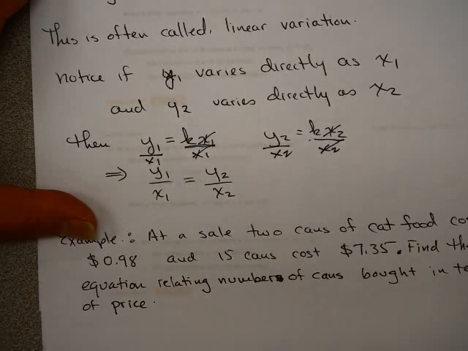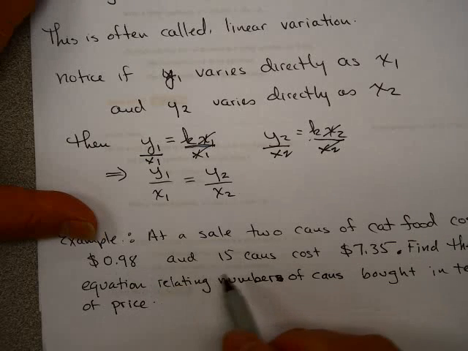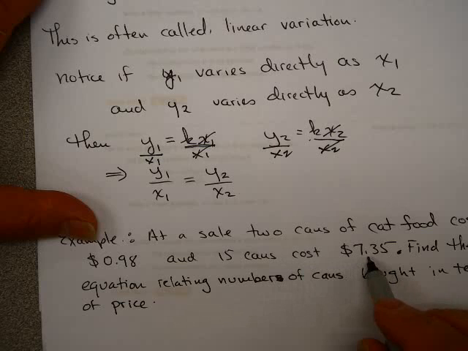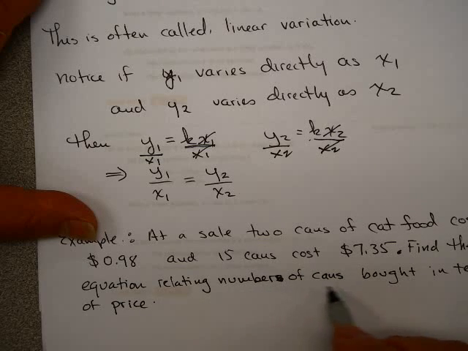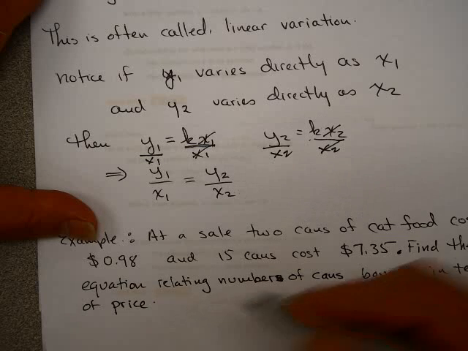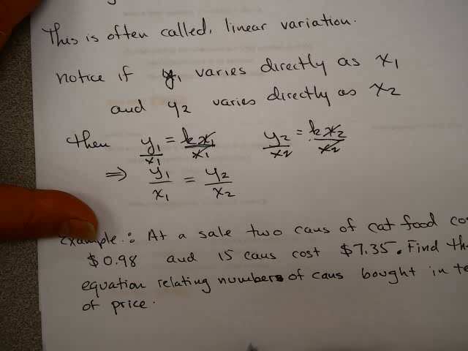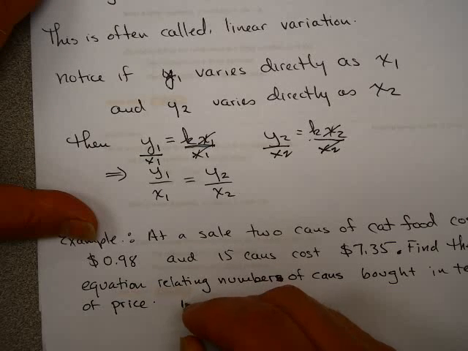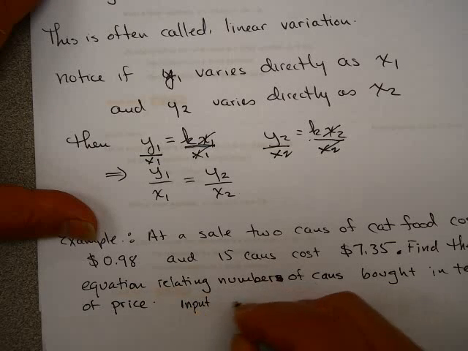For example, at a sale, 2 cans of cat food cost 98 cents, and 15 cans cost $7.35. Find the equation relating the number of cans bought in terms of the price. Well, the first thing I want to do is think about what's my input and my output. For my input here, I'm going to have the number of cans of cat food.